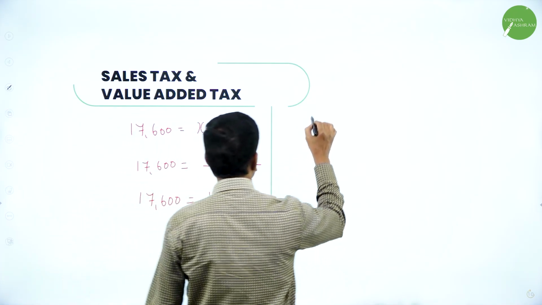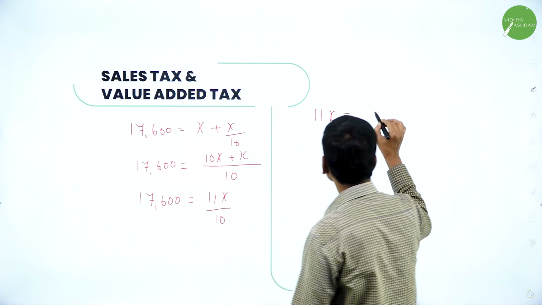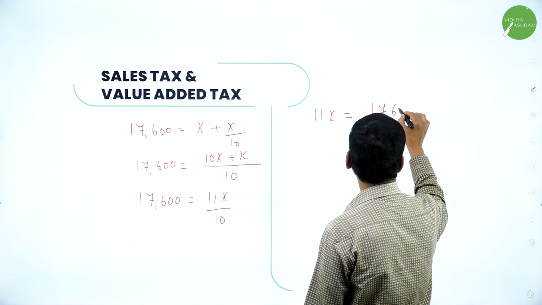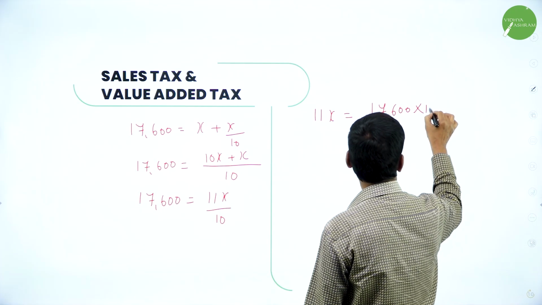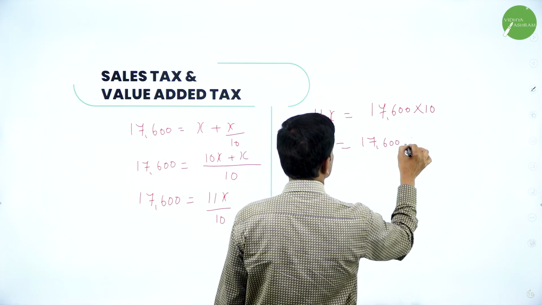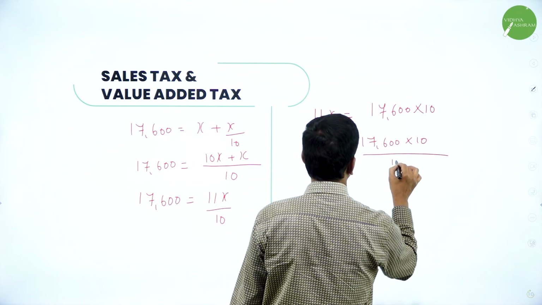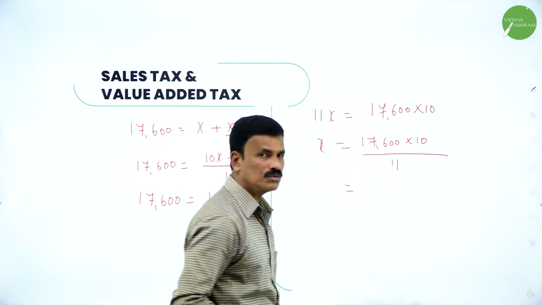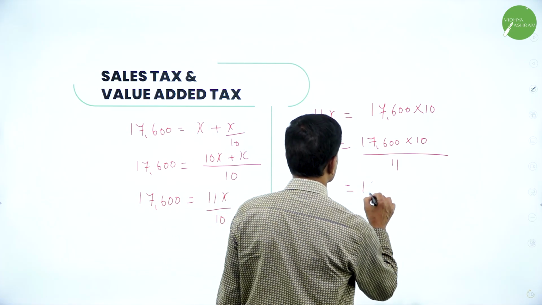If you cross multiply, 11x is equal to 17,600 into 10. So therefore x is equal to 17,600 into 10 divided by 11. That's equal to 16,000.